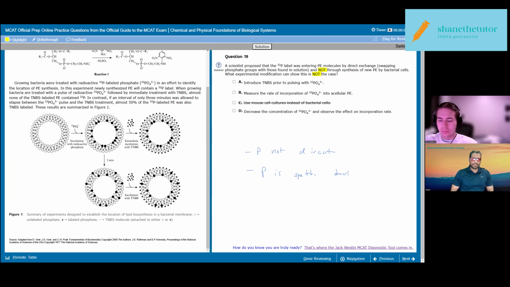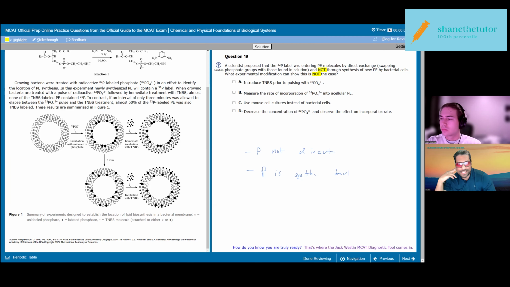But if you measure the rate of incorporation into acellular PE, then you can see if it is a direct movement of the phosphate, or if it's something that's being synthesized.